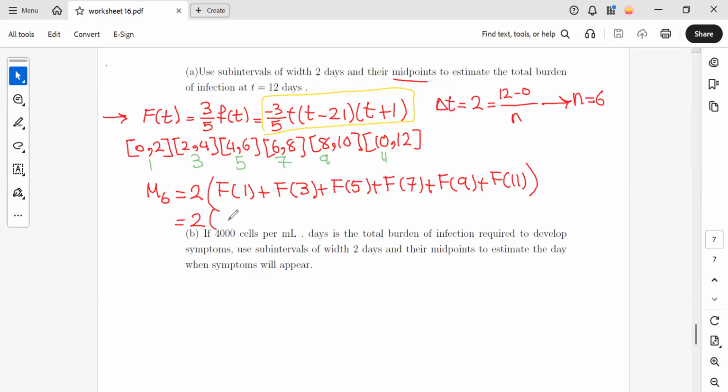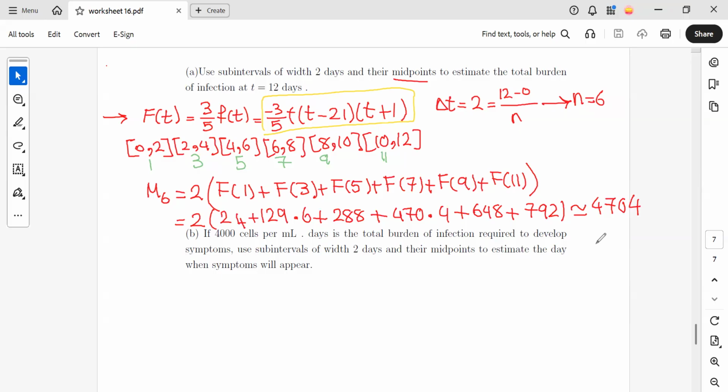2 times 24, 129.6. So again, the first one is 24 plus 129.6 plus 288 plus 470.4 plus 648, and the last one 792, and approximately it will be 4704.